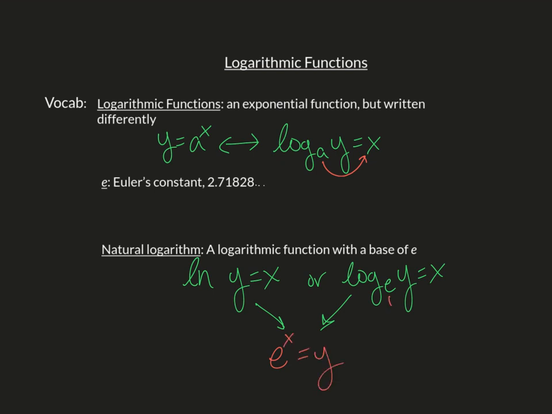Again, that little e shifts to the other side of the equal sign and pushes that x up to be its exponent. The ln or the log, depending what you used, disappears, and you're left just with an exponential function. So that's how these are related to exponential functions.